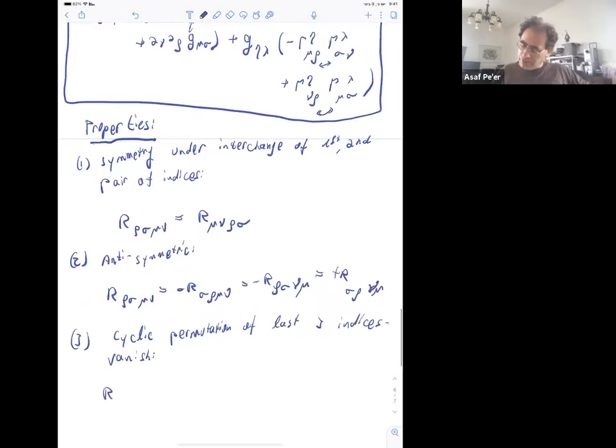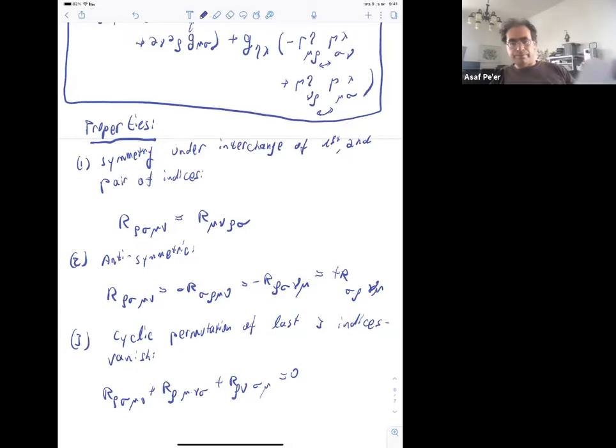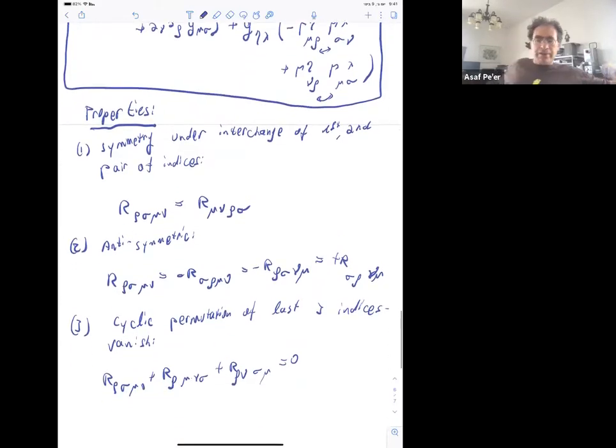So R rho sigma mu nu plus R rho mu nu sigma plus R rho nu sigma mu is equal to 0. Again, I told you it's ugly, but it's just algebra. Just have to do it slowly, and you see that that's exactly what it is.